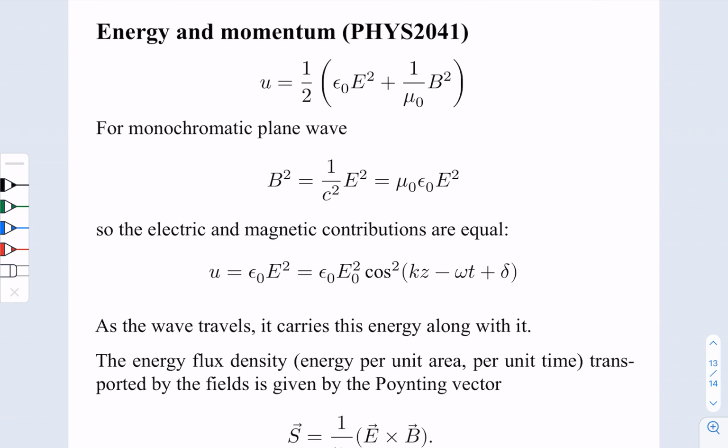So next I will briefly discuss the energy and the momentum of the light field. But you have already seen this part in Physics 2041, so I'm not going to go into too much depth here.